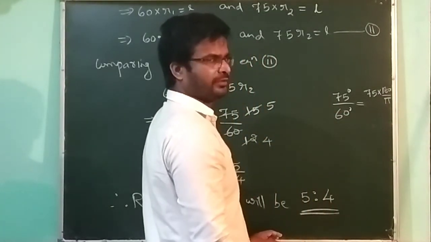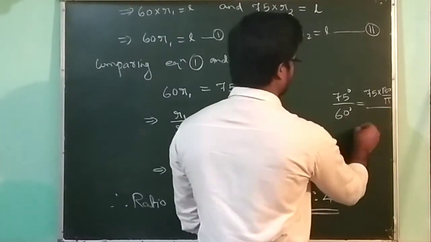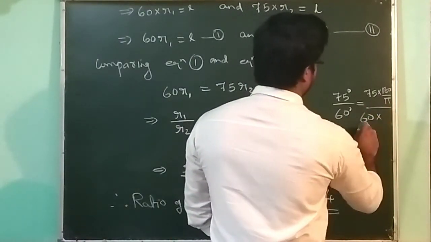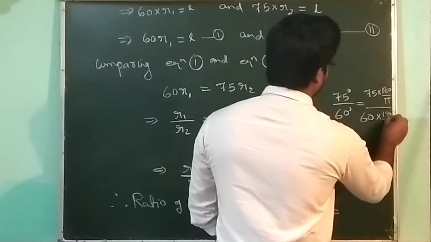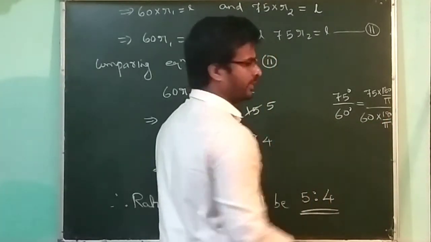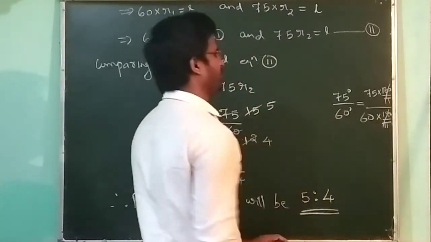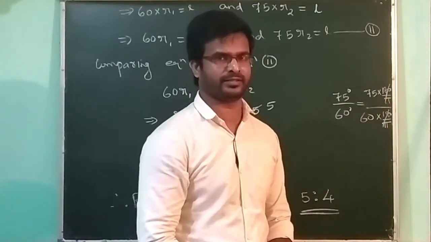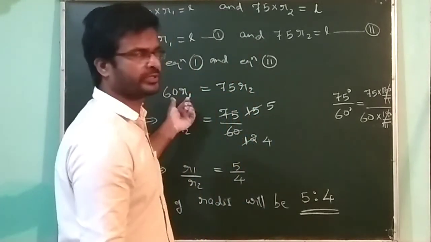Then the denominator also we have to change. The 60 degree to radian measure means 60 into 180 divided by pi, isn't it? This 180 divided by pi and 180 divided by pi automatically cancel. Then no need to change.